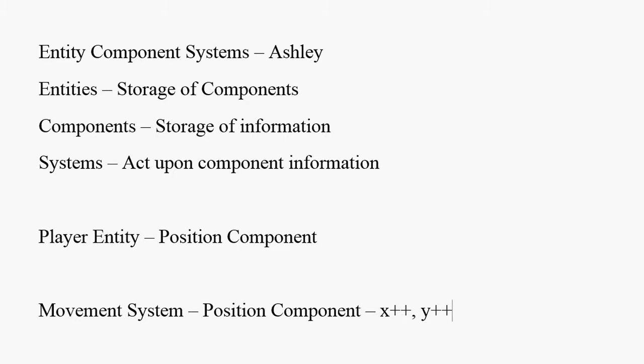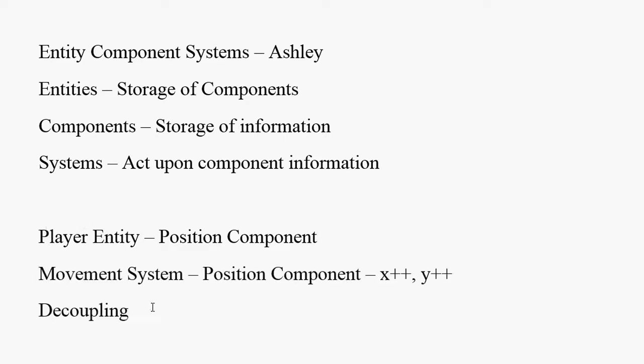Because the player entity depends on the position component and the system alters the position component, the movement system is updating the entity without knowing what the entity is. That's a term called decoupling. Anyway, it's very somewhat simple, a little hard to get into, but let's go into rendering.